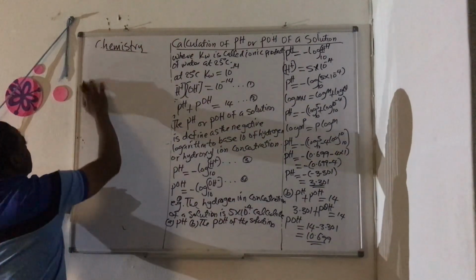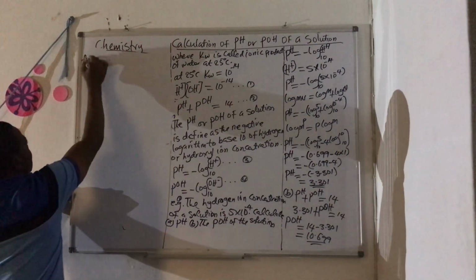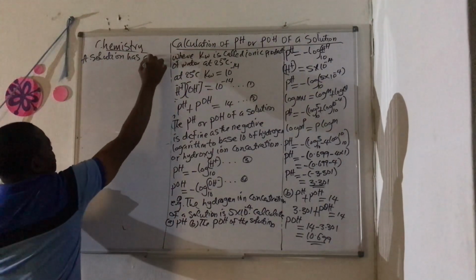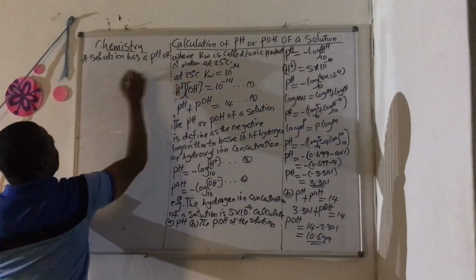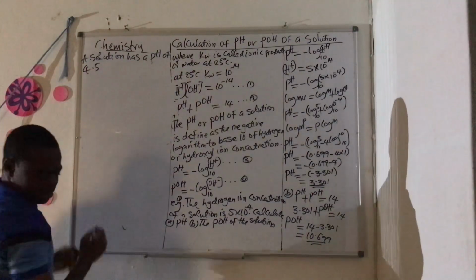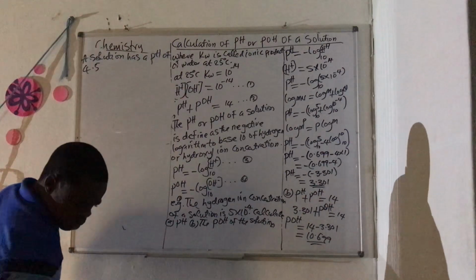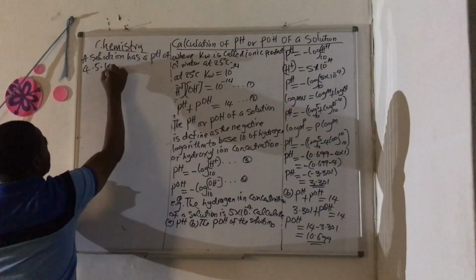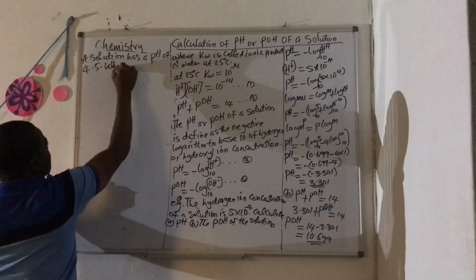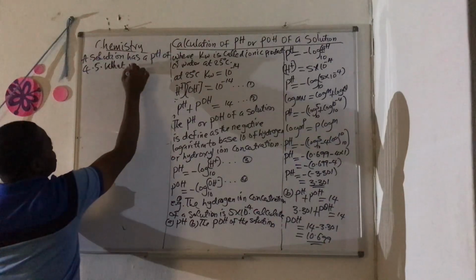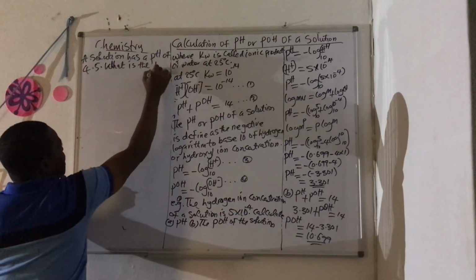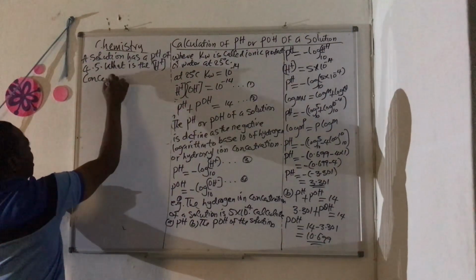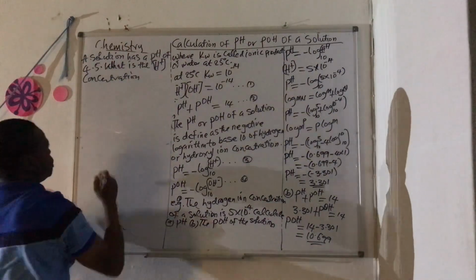A solution has a pH of 4.5, what is the hydrogen ion concentration?